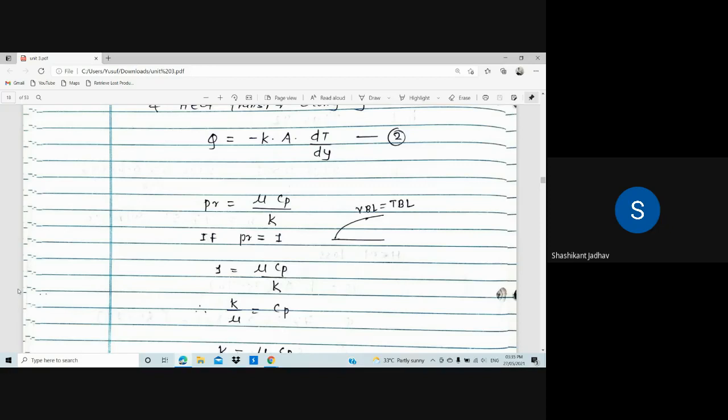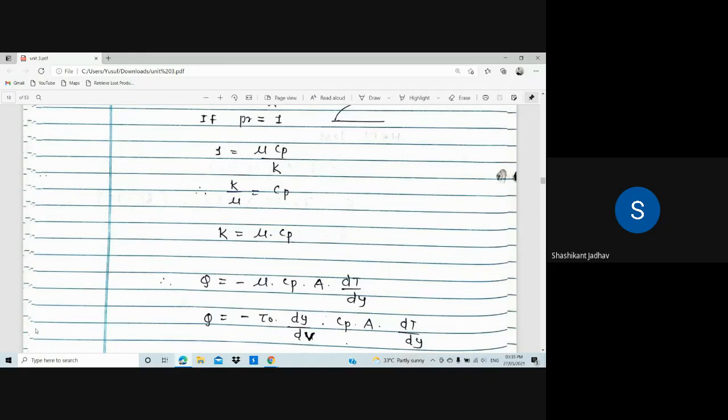Prandtl number is equal to mu Cp by K. And suppose if Prandtl number is 1, so therefore 1 is equal to mu Cp by K. Therefore K by mu is equal to Cp, and from that we get the value of K. K is equal to mu into Cp.